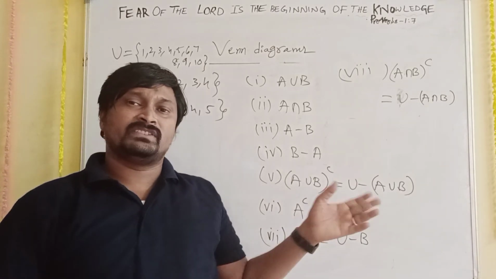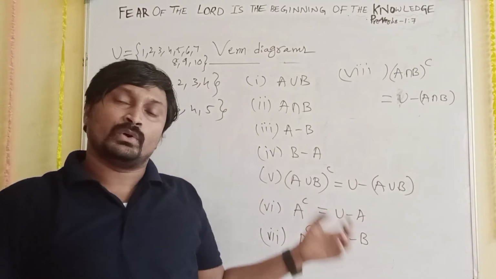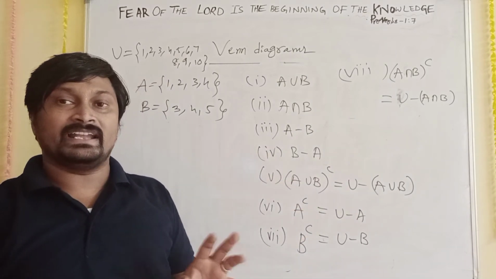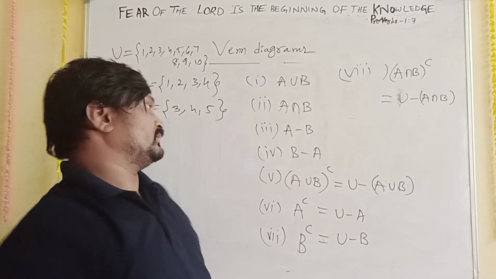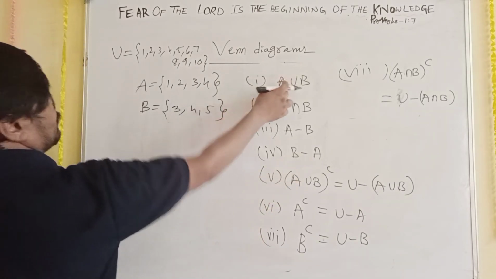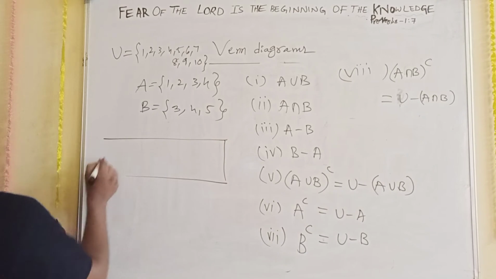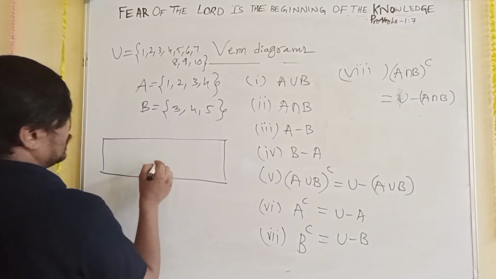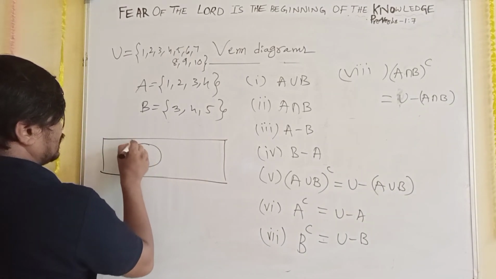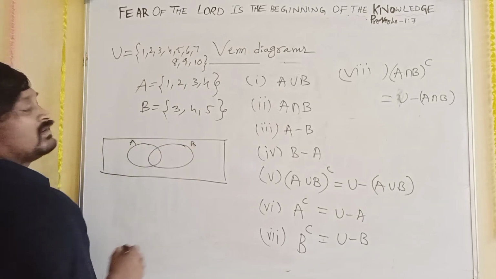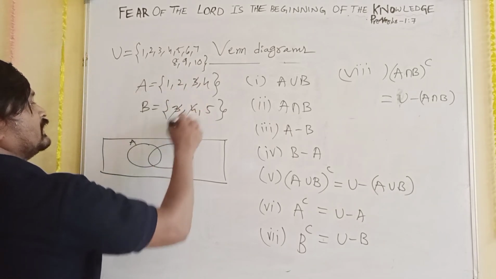After completion of this, your whole representation will be complete, and we'll also discuss the important diagrams. Okay, so now let me go for the first, A union B. Let me draw first here. So this is your A and this is B. And what are the common elements for A and B? 3 and 4.